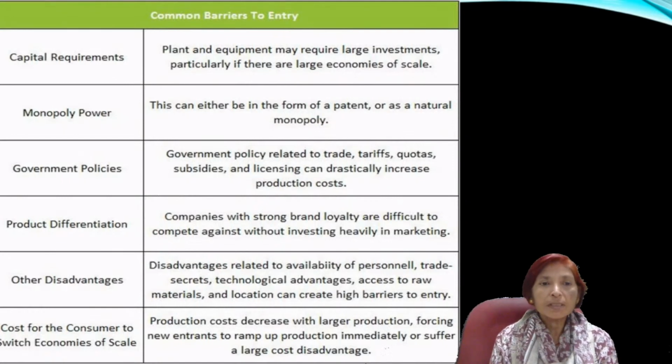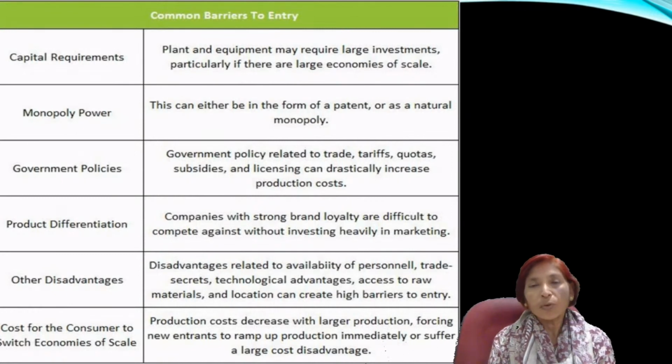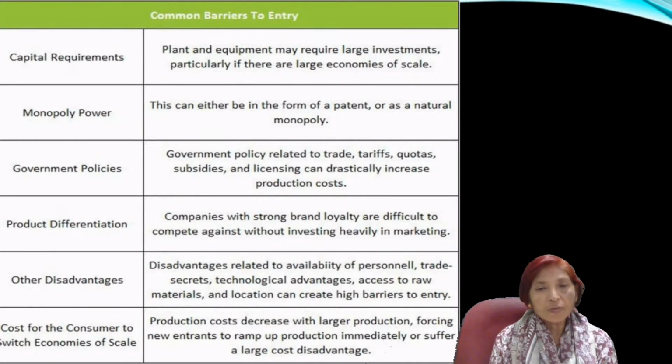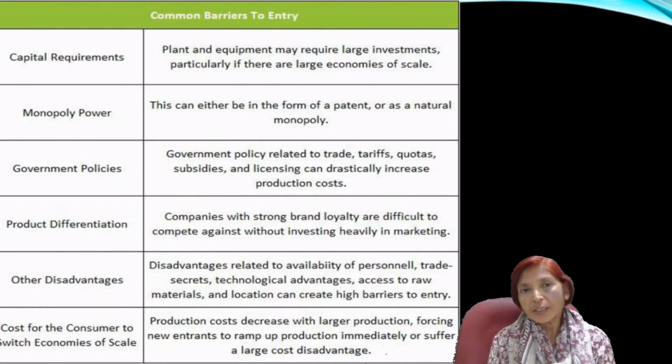And government policies related to trade, tariffs, quotas, subsidies, and licensing, which can drastically increase production cost, and small business enterprises, those who have very little capacity to invest, will not enter this type of market. So if the government imposes restrictions like tariffs, quotas, subsidies, licensing, that also increases the production cost and restricts the entry of other firms.